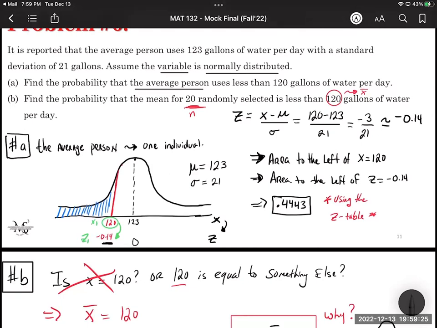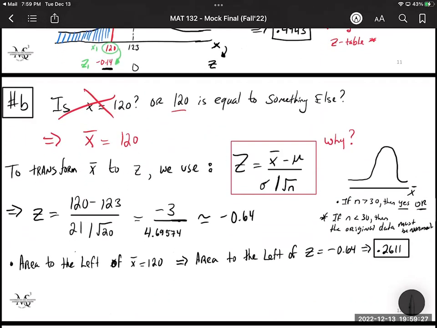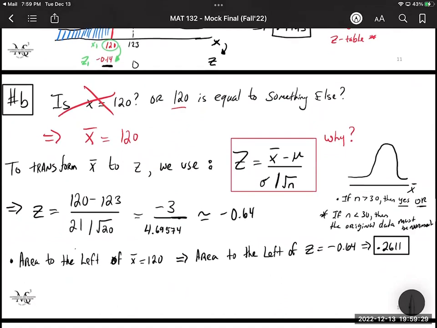Yes, it did. So there are 2 reasons why this works. It has to satisfy one of the criteria. If n is greater than 30, then automatically the formula works because the sample mean distribution is going to be normal. However, if n is less than 30, which was true in this case, n was 20, then the original data must be normal, okay?